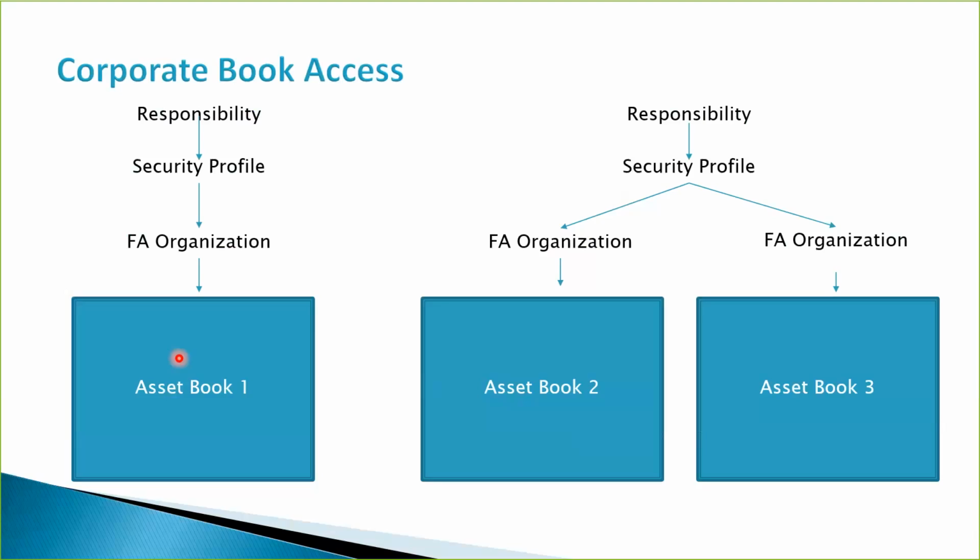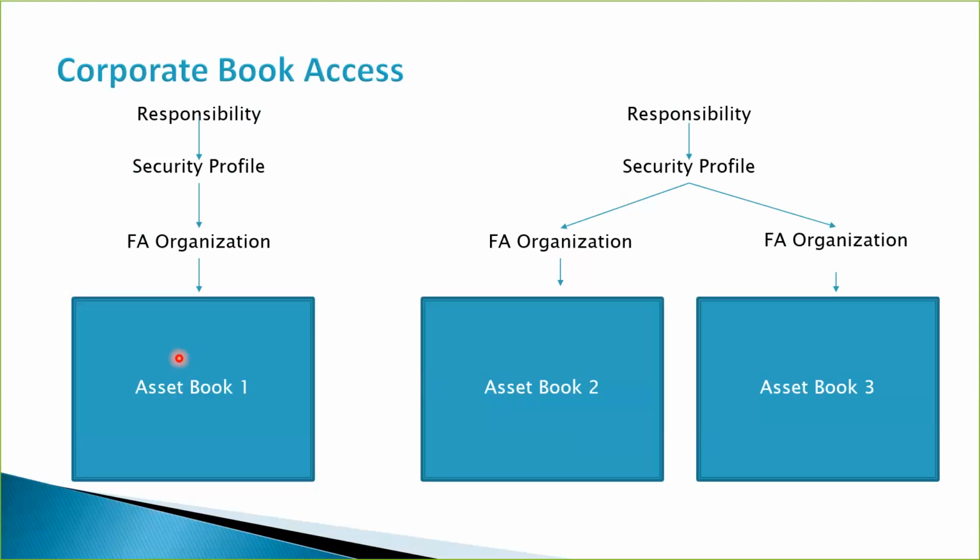And then you assign that organization using profile option, security profile, and then of course you will assign that to a responsibility. So the users given that responsibility will be able to see the details contained in that particular corporate book, such as the assets and all the details concerning those assets.